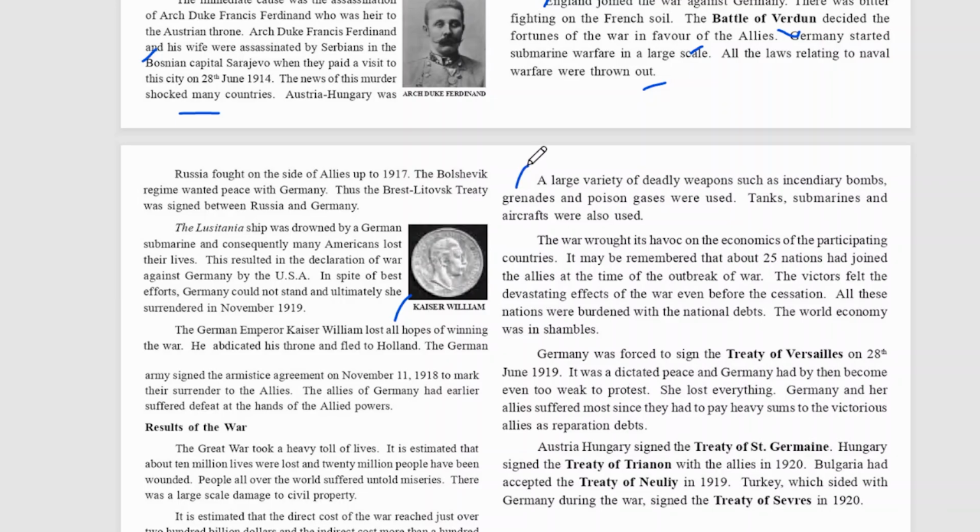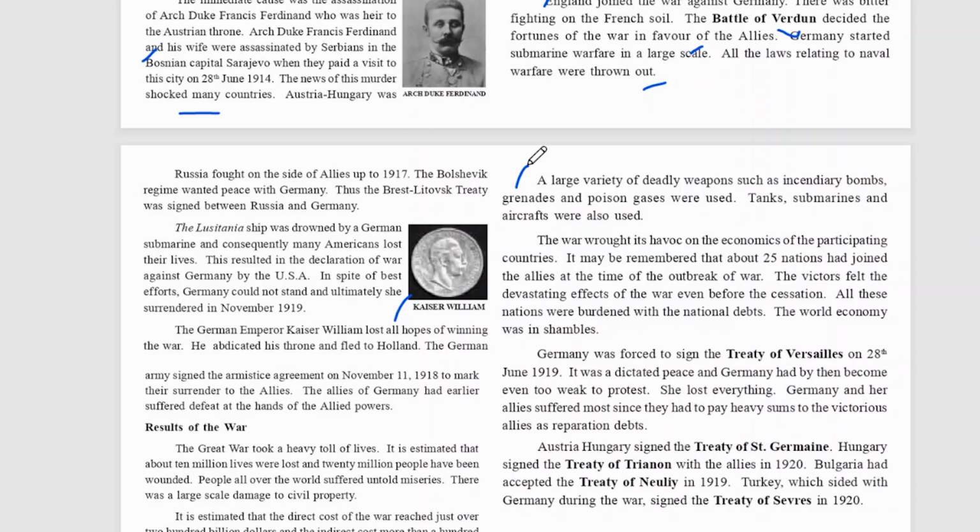A large variety of deadly weapons such as incendiary bombs, grenades and poison gases were used. Tanks, submarines and aircraft were also used. The war wrought its havoc on the economies of the participating countries.